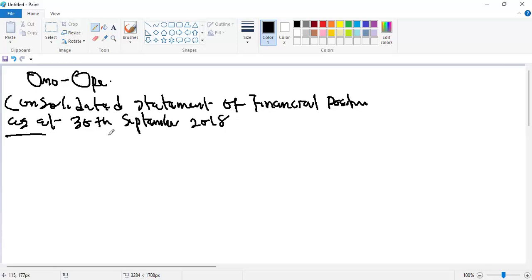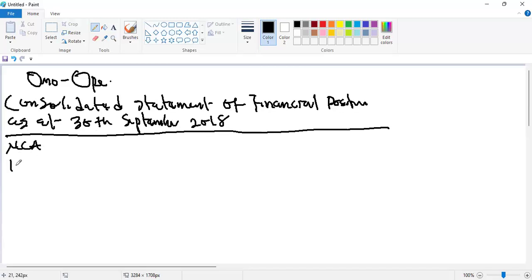Good. Non-current assets. We have PPE. With the first one, we have 4140 plus 1395.